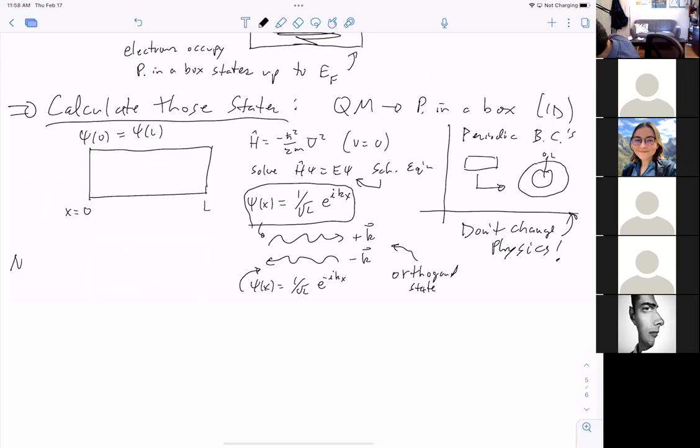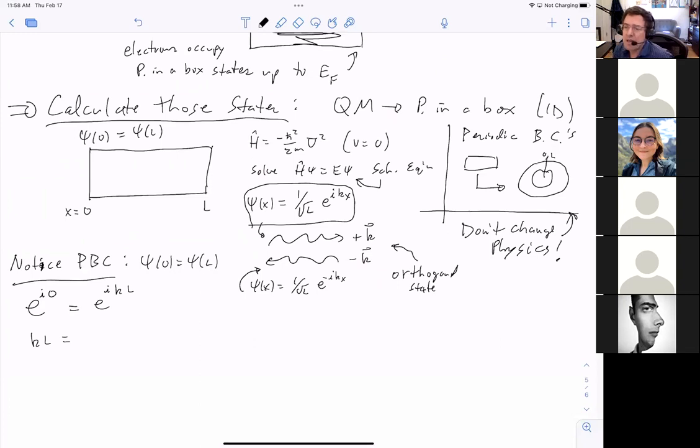All right, and so then let's notice that from the periodic boundary conditions, we have psi of 0 equals psi of L. And so that means that e to the i 0 is equal to e to the i KL. And so that means then that KL equals what?